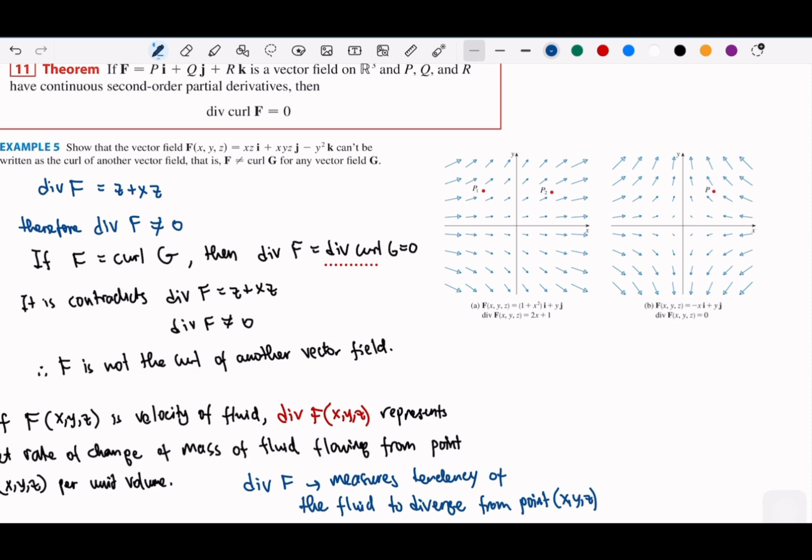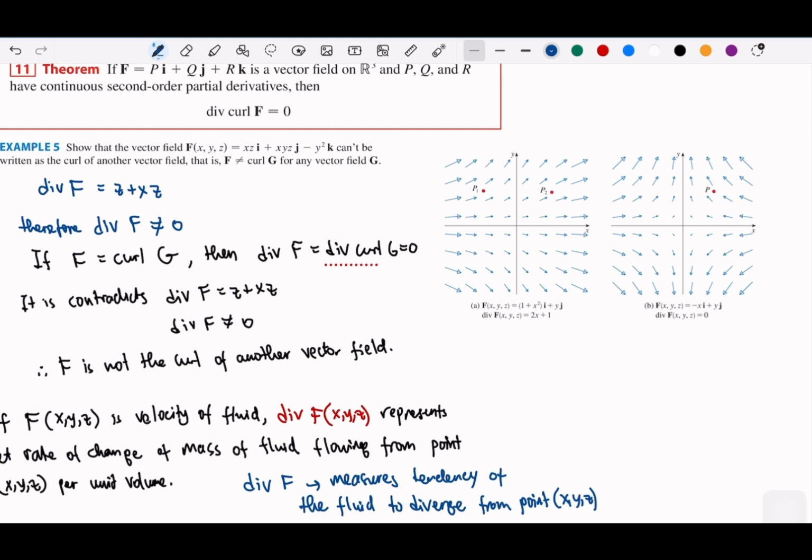If we pinpoint a point like P1, nearby P1 the vector coming out has a very small value compared with one a little farther from P1, which has a larger value.